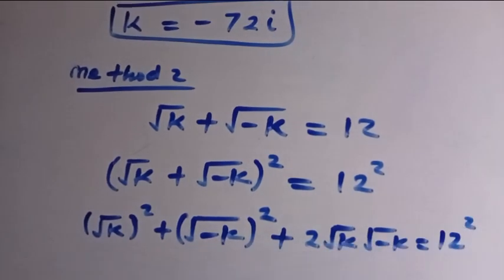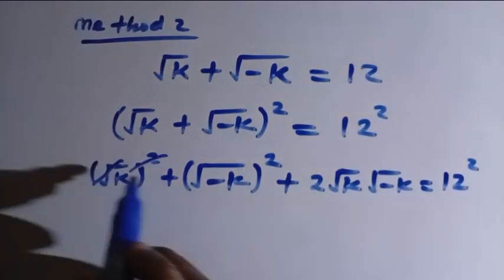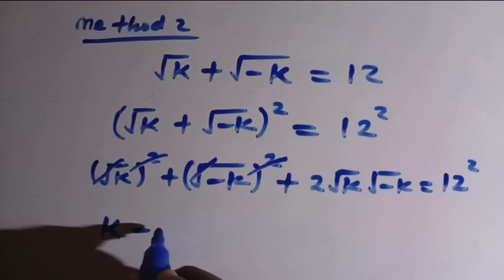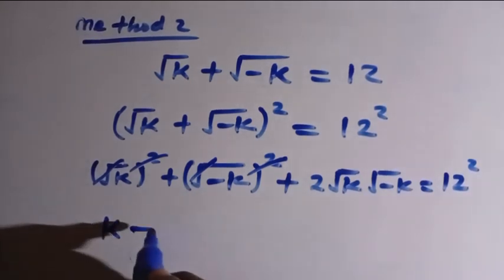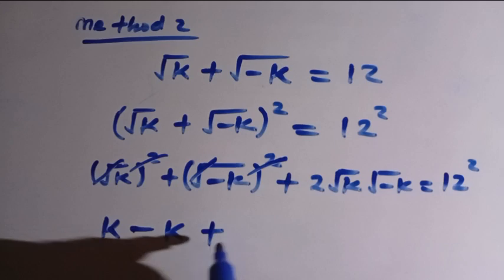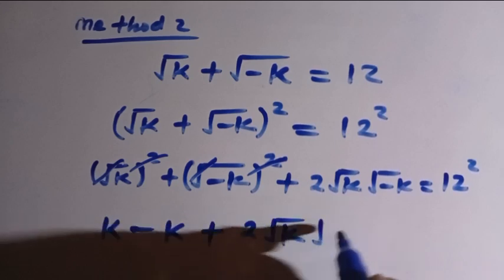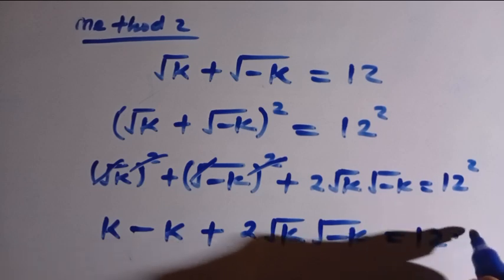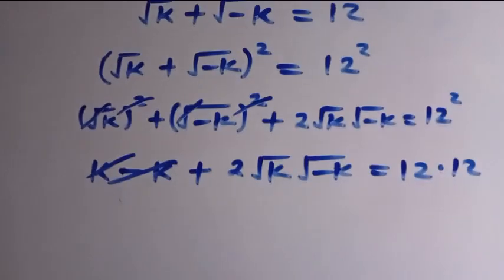equals 12 squared. And then we have this cancelled and this also cancelled. So here is k plus minus k, so that becomes minus k, plus 2 square root of k square root of minus k equals 12 times 12. So k cancelled k.